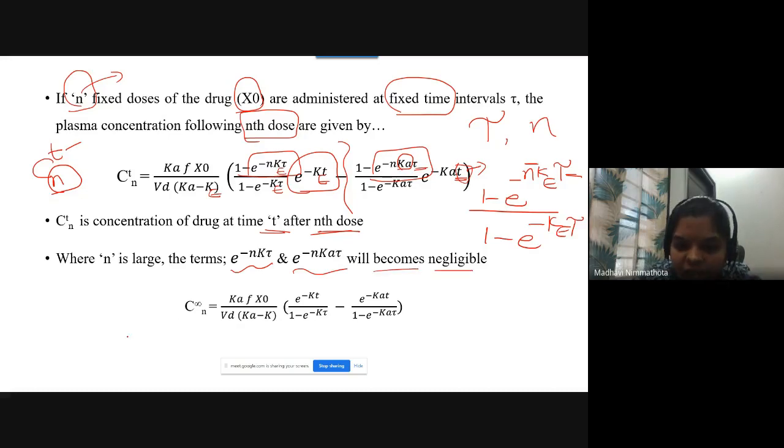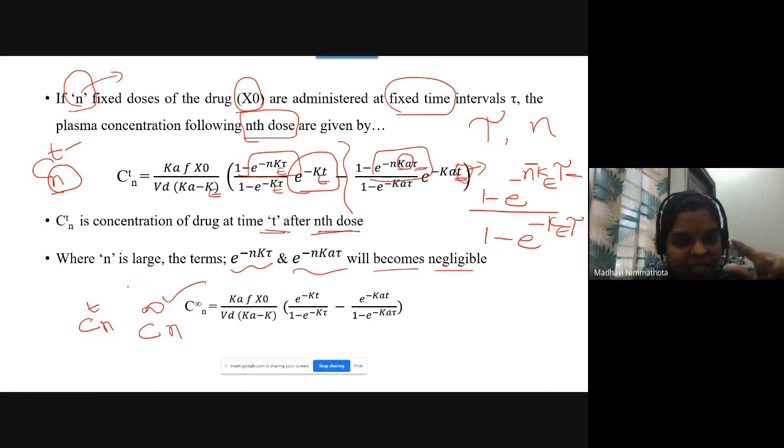Then your equation will become, see here, e to the power of minus Ke t divides with 1 minus e to the power of minus Ke tau. So you can write this equation in the form of this equation. So here instead of C t n, we are writing C infinity n.